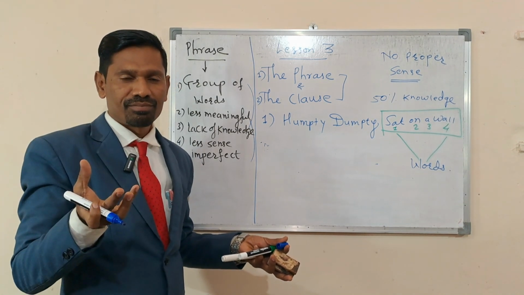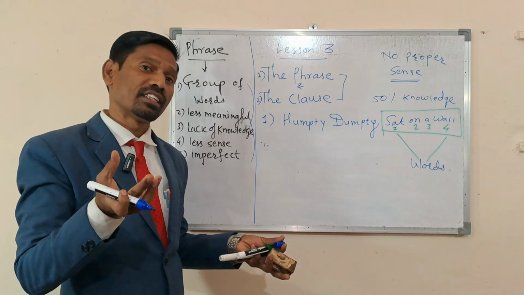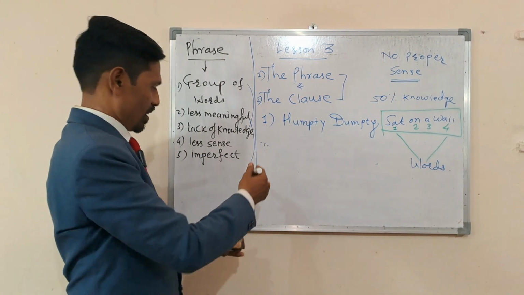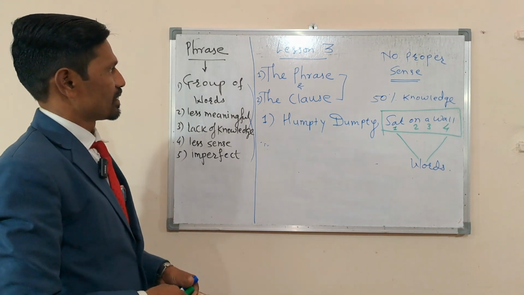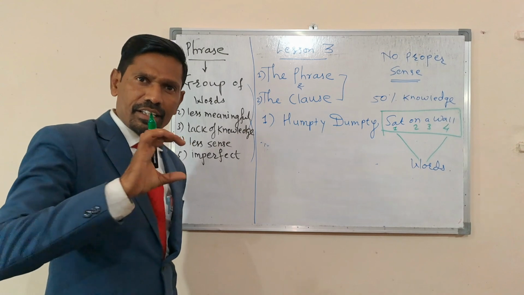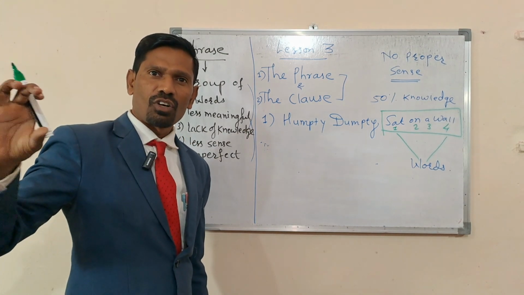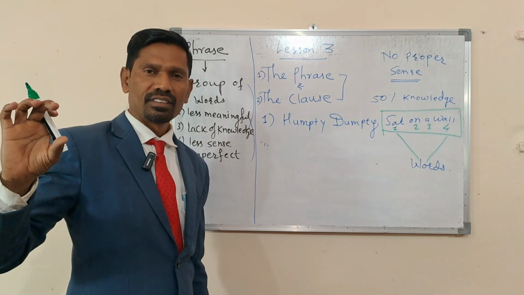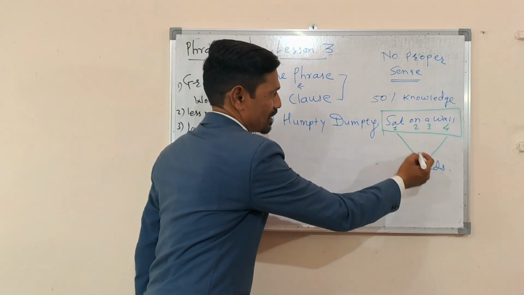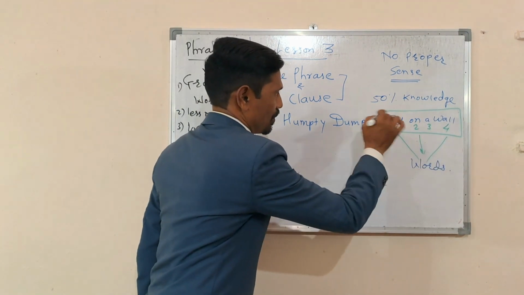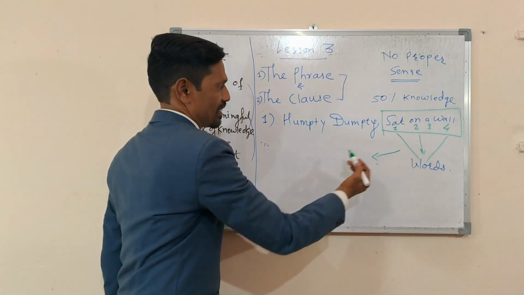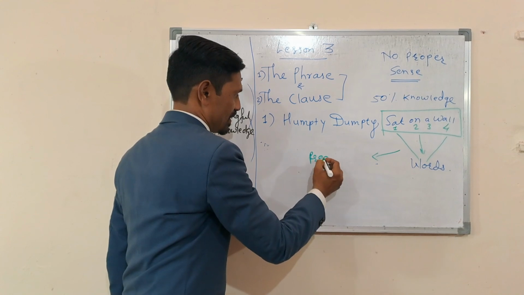It doesn't cover the intention behind it. So the second thing, the series or combination of words continuously comes under the phrase, and it is also related to the predicate.